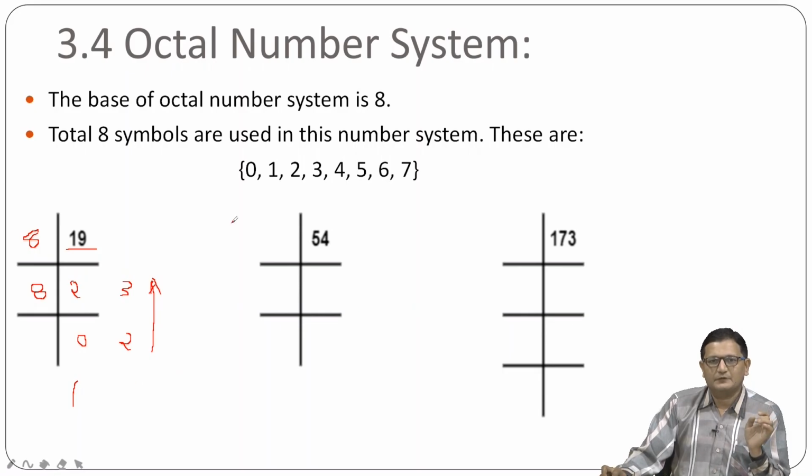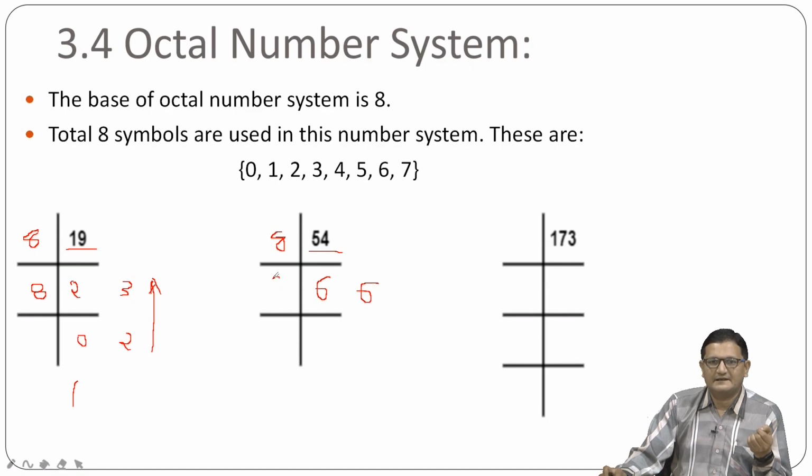Similarly, suppose 54 is given to you and you want to convert it into octal. Again you divide it by 8. 8 sixes are 48. The number is 54, so 54 minus 48 is 6, which is the remainder.